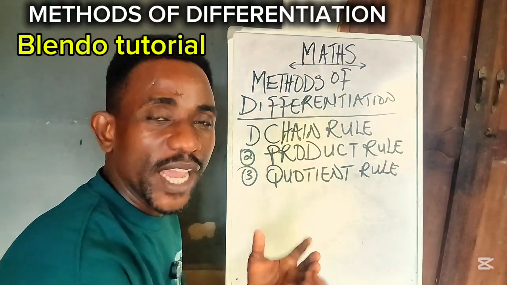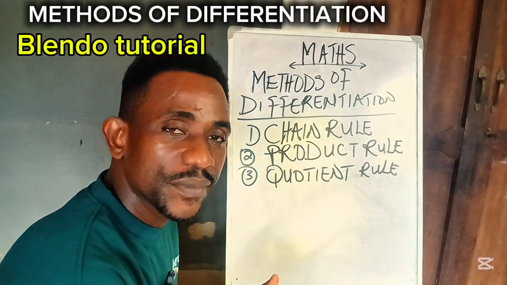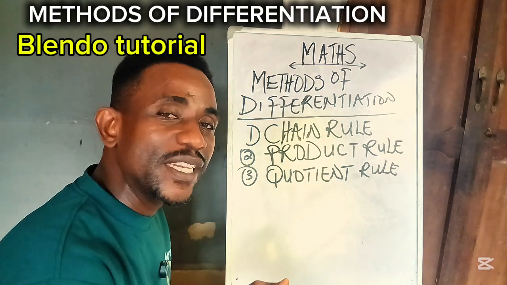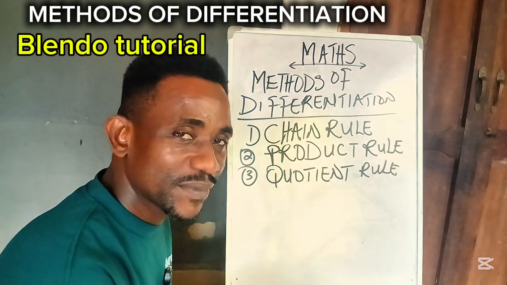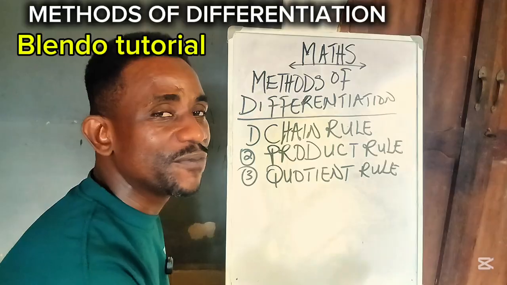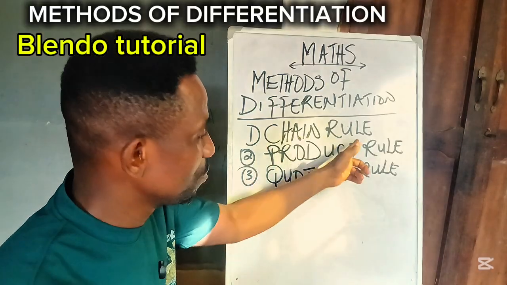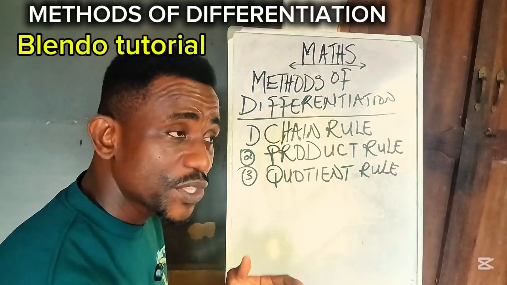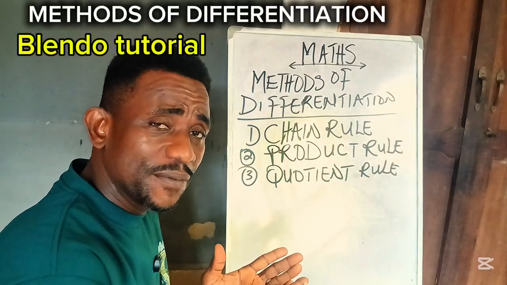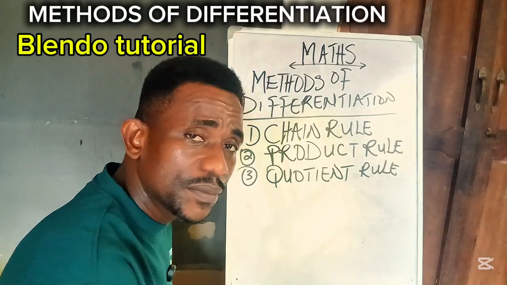When we have a composite function, a function that is contained in another function, when you're asked to find the derivative, the method you use is what? Chain rule. We'll first of all identify the type of function that is given.